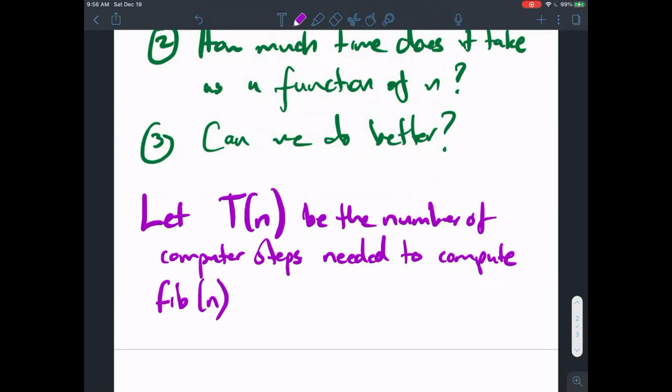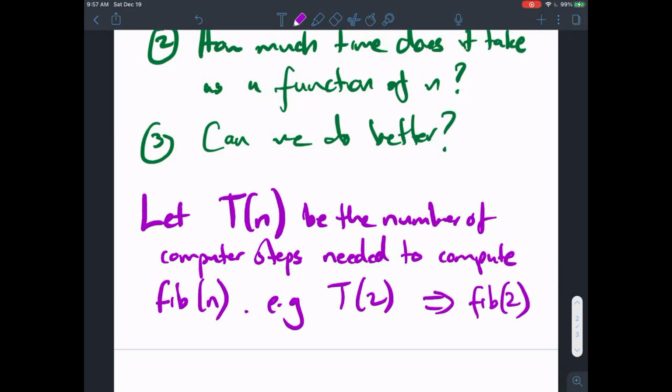So which means T of 2, for example, will be the number of steps which give us Fib 2. So, just measuring that.